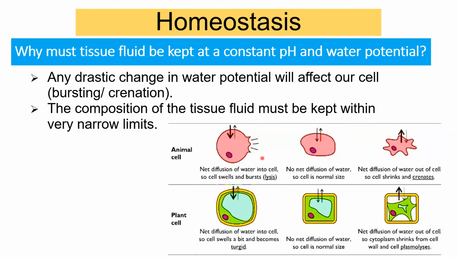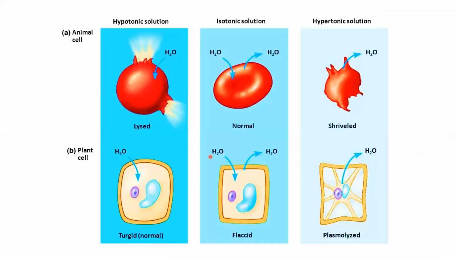But whenever the cell is in a hypertonic condition, plasmolysis occurs in the plant and crenation occurs in the animal cell. Whenever there is a hypotonic solution, the plant cell will become turgid and the animal cell will burst. So this is very important, which is why the water potential in the tissue fluid should be maintained within narrow limits. This is again the description of hypotonic, hypertonic, and isotonic solutions along with the plant and animal cell in these solutions.